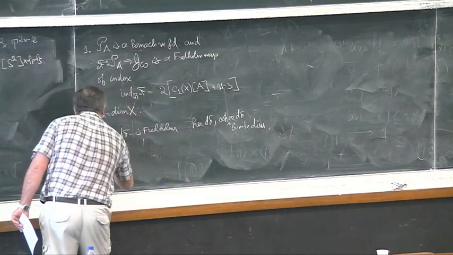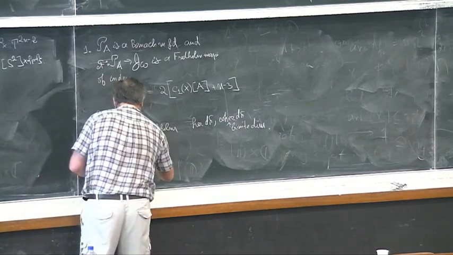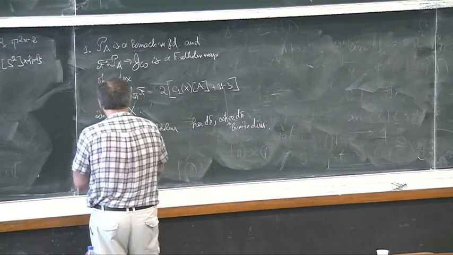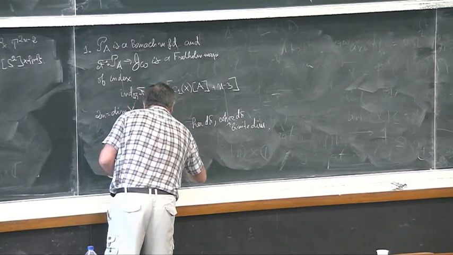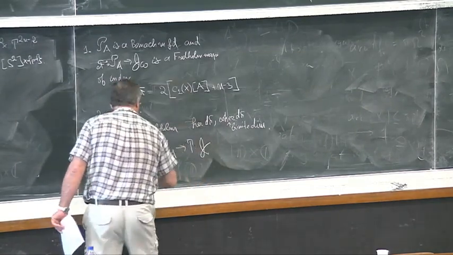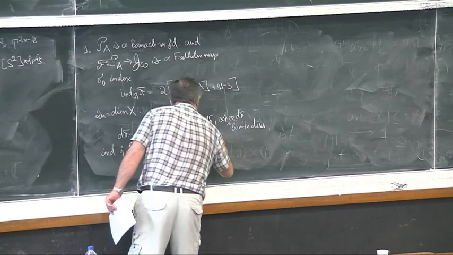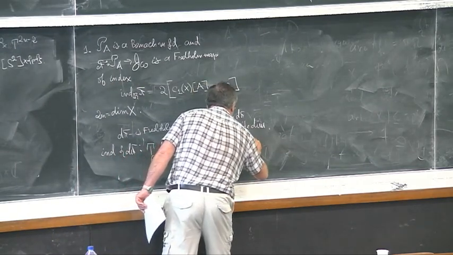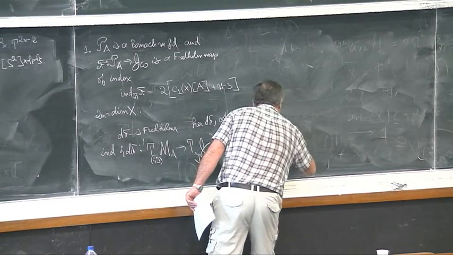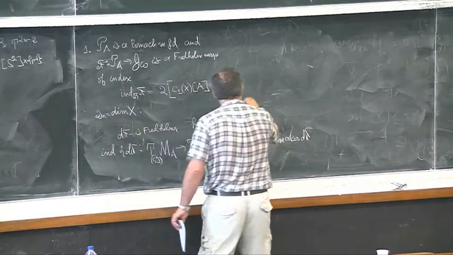And the index is the dimension of the kernel minus the dimension of the co-kernel, and this index is equal to this.